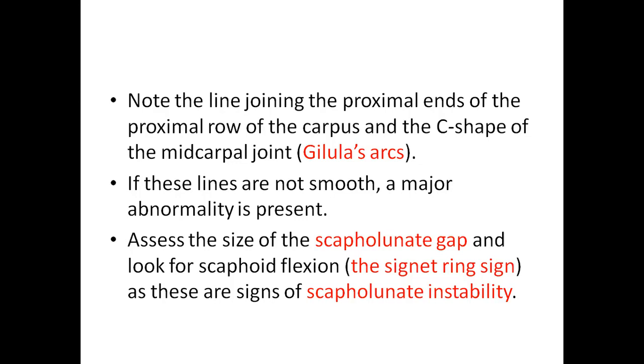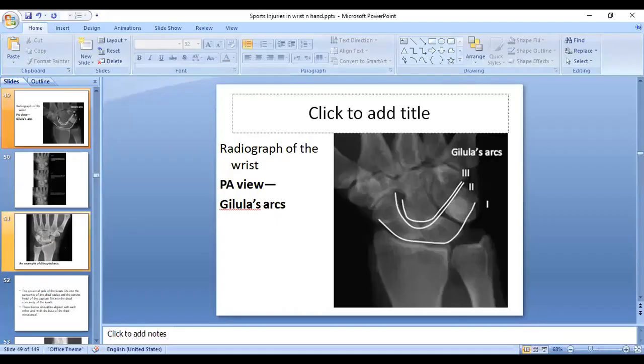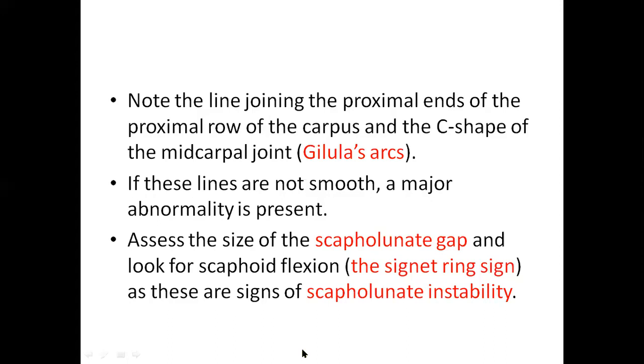And when this signet ring sign, or cortical ring sign, is present, it indicates that there is scapulolunate instability. If we look into detail, this cortical ring or signet ring sign can be seen on the AP or the PA radiographs.